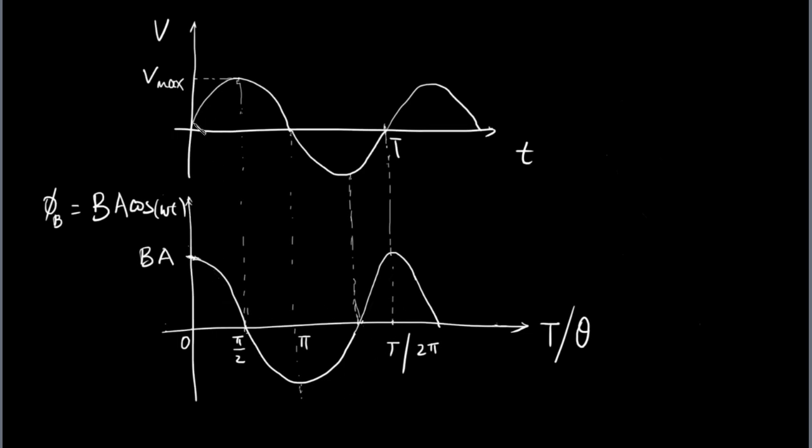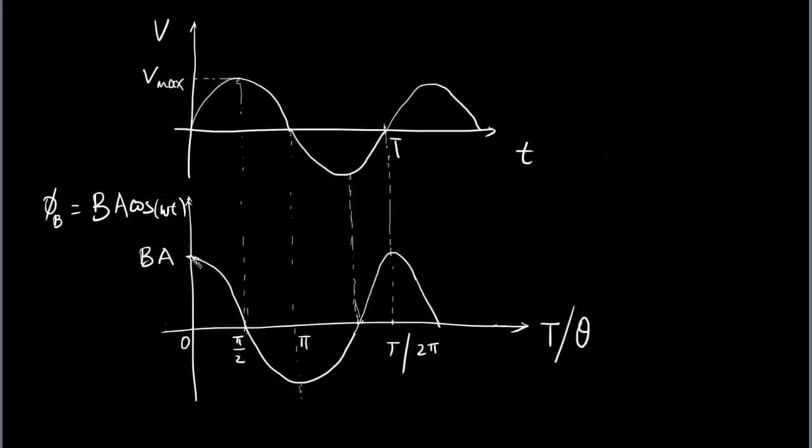But that minus is just a matter of direction of the voltage, but it doesn't affect the magnitude of the voltage. So let's just look at the magnitude and forget about the direction.